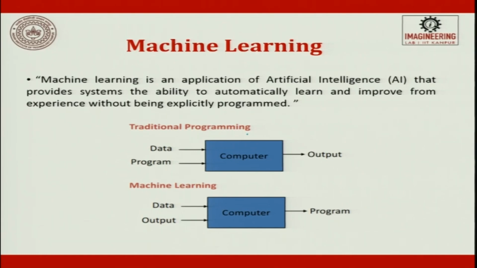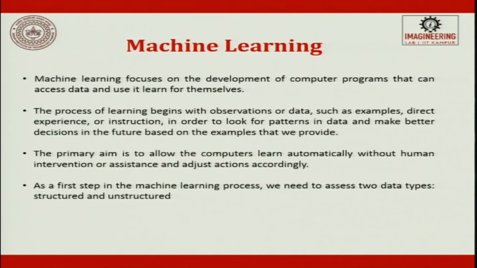In a traditional program, it is data, program, computer, output. In machine learning, it is data, output and then program. Look at it, how it has changed. This and this have interchanged. Output is given for the computer to learn, and then it learns and generates a program.